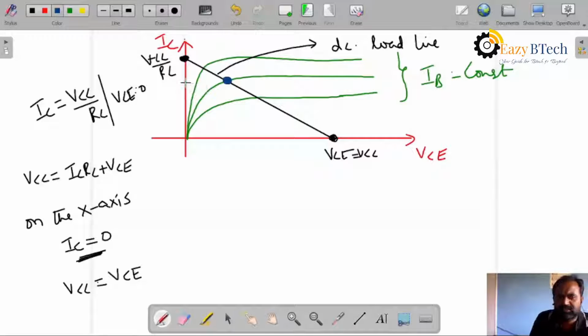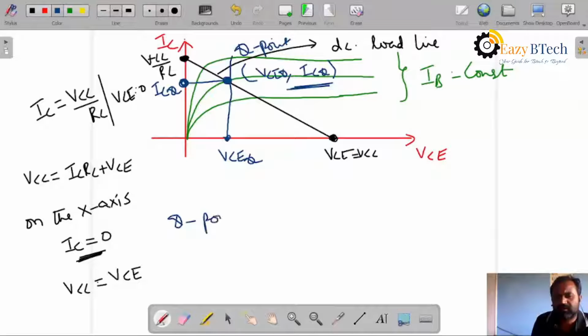From this point we will call the coordinates VCEQ and ICQ, written as VCEQ comma ICQ. This point is known as the Q point, or operating point.